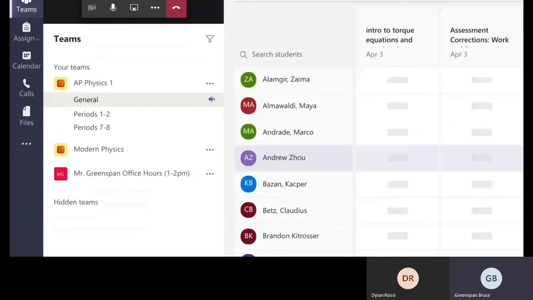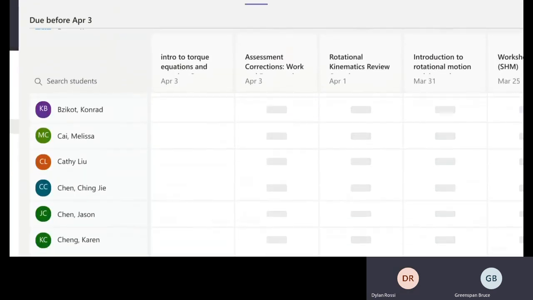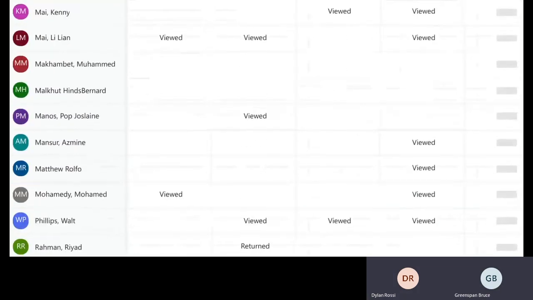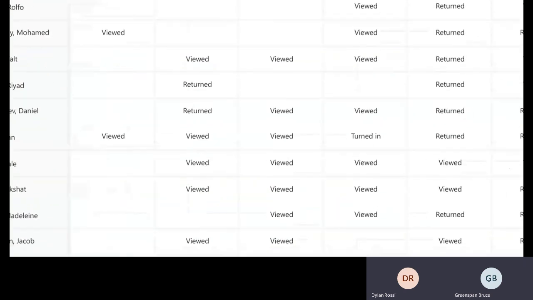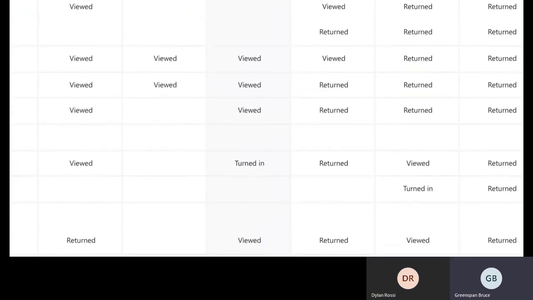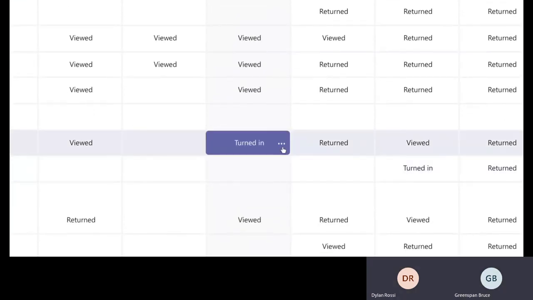It's just showing what people turned in. And then I go to Dylan. Okay, so here, turned in. This is which one? Intro, motion. Open student work. You still see my screen, right? Yeah. Give it a second to load. It's slow.